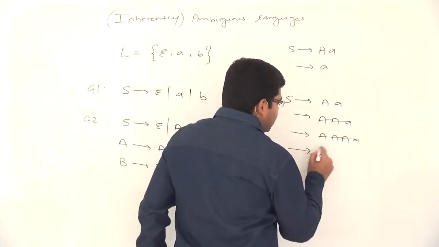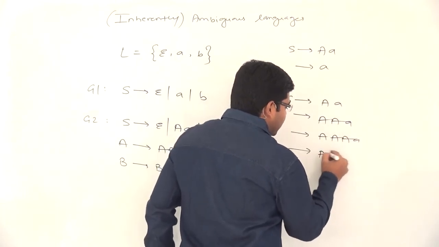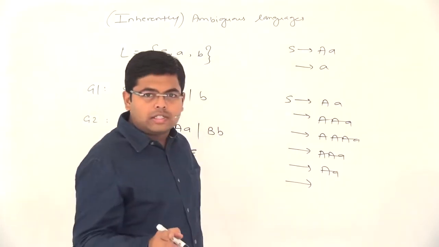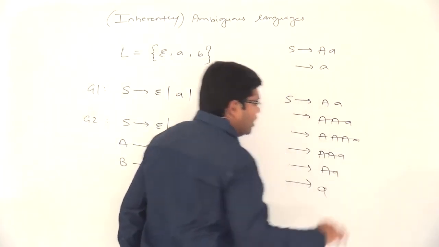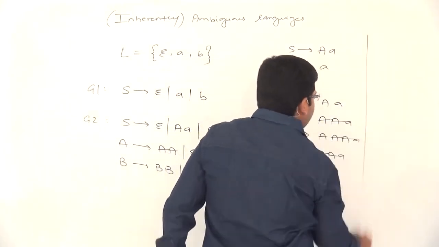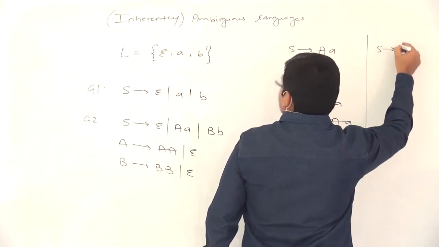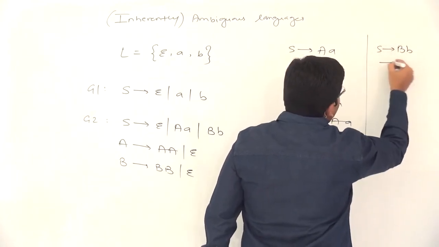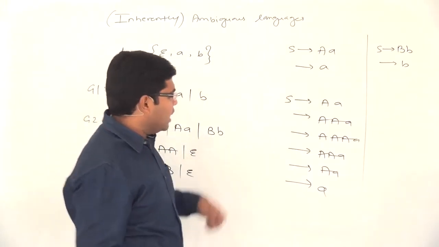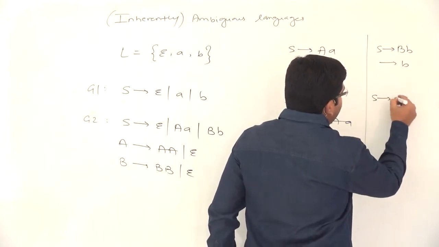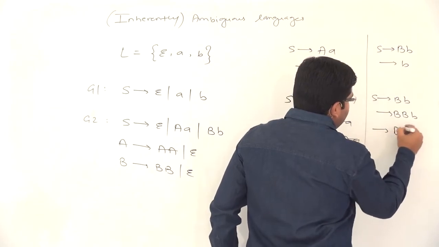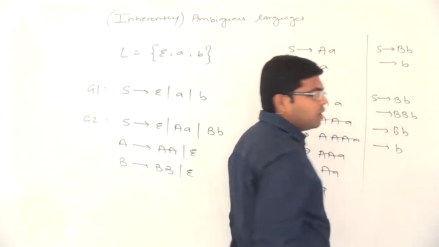Ultimately, one by one each A will be replaced with epsilon, so you will get a, then a, and finally when you want to terminate, you will terminate only with a. Similarly, you can have multiple derivations for b. One derivation is S produces B and then S produces b, or you can go for a more involved derivation like S produces bB, then bbB, then bbb, and finally you will get a terminal string like this.